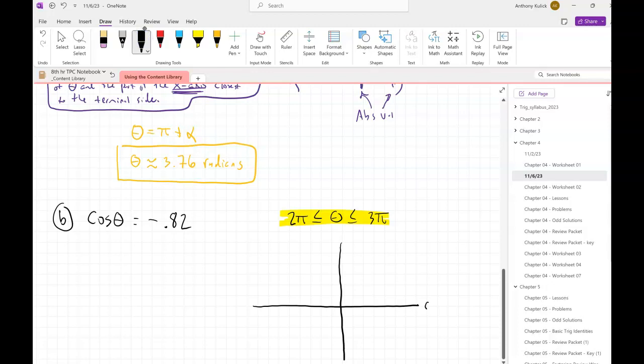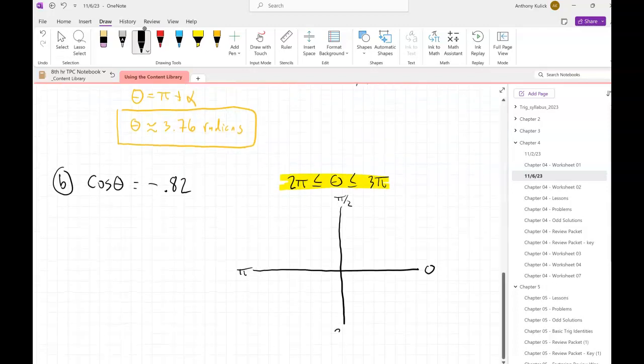Okay, so we start counting. 0, pi over 2, pi, 3 pi over 2. Now we're up to 2 pi, and then 5 pi over 2, and then to 3 pi. Notice as I'm going along, I'm crossing out the value along the way.